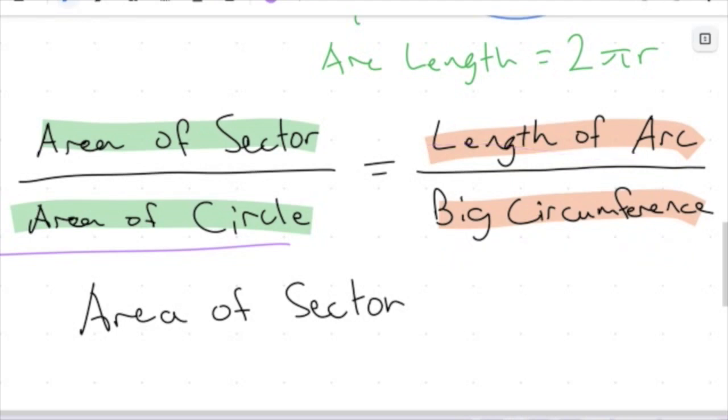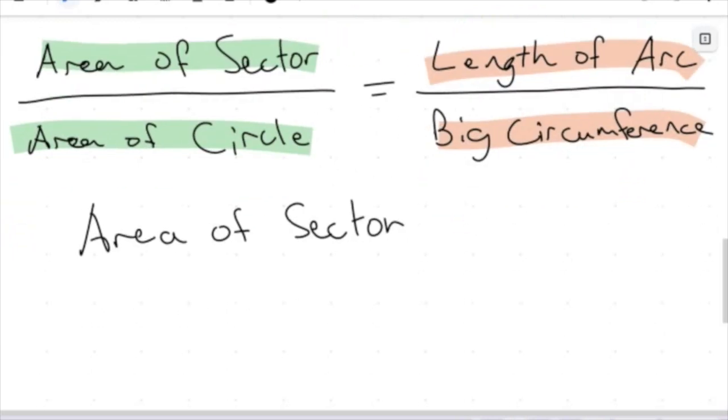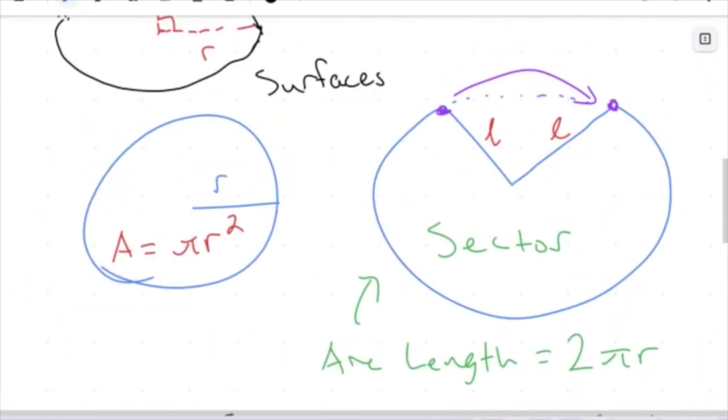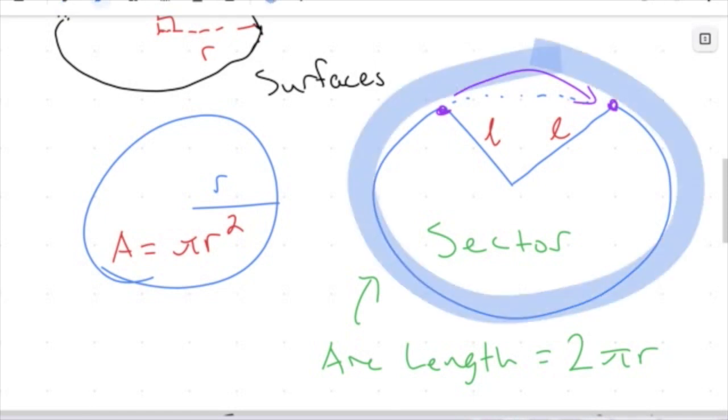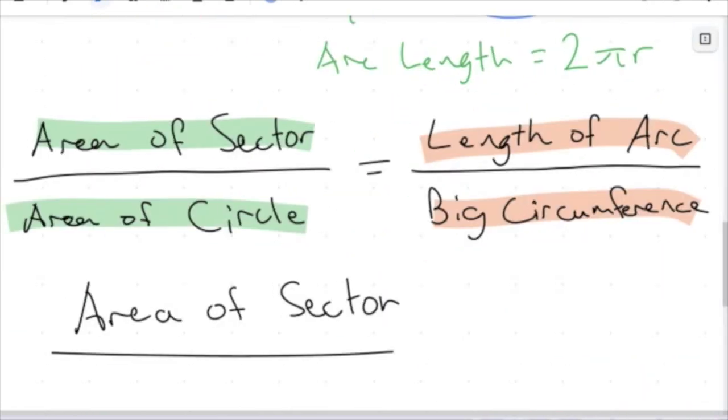And we want to plug all of those in order to find an expression for the area of my sector. Okay, so the area of my big circle here is going to be pi times the radius squared. But what is the radius in this case? The radius is L, the length L.